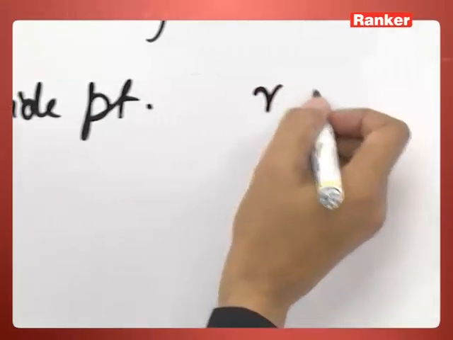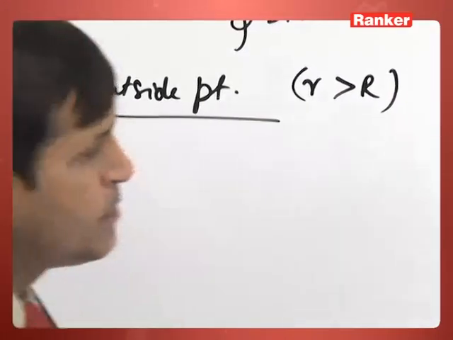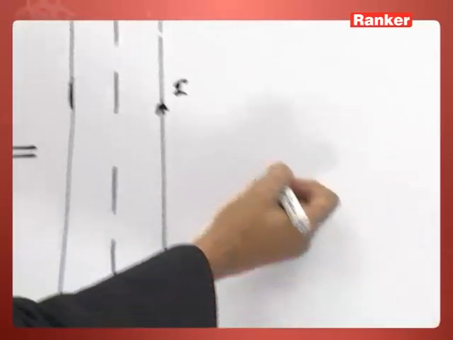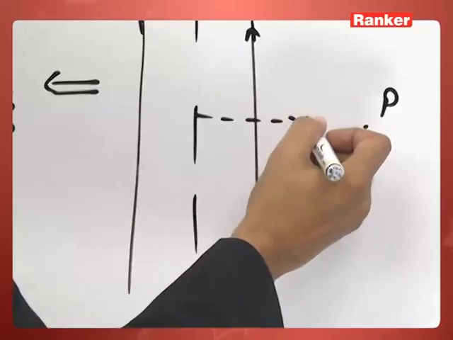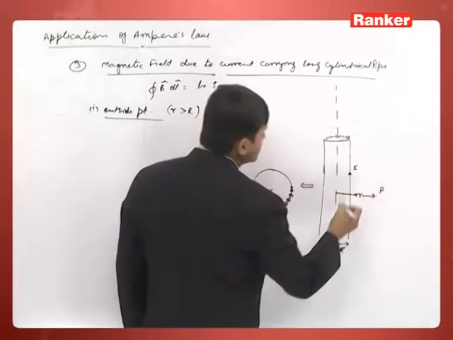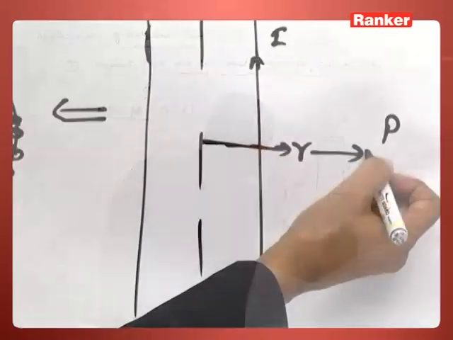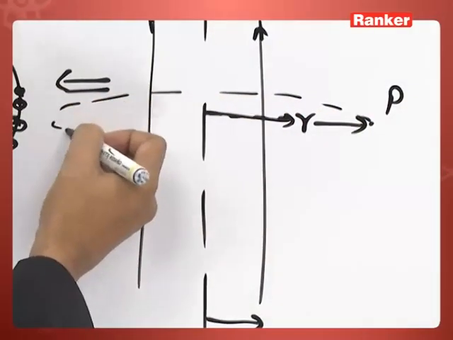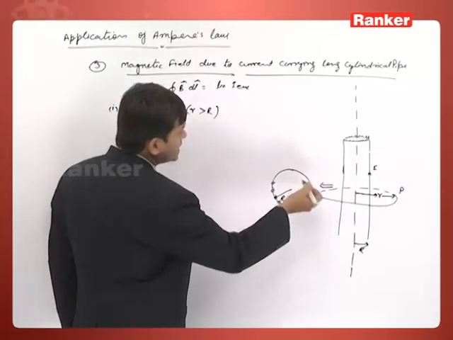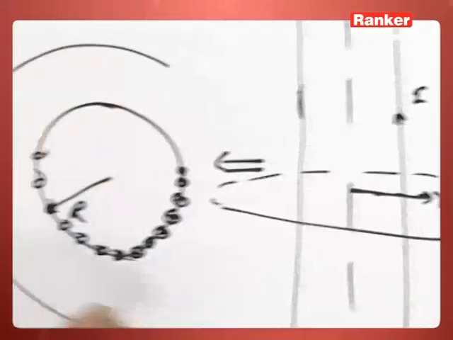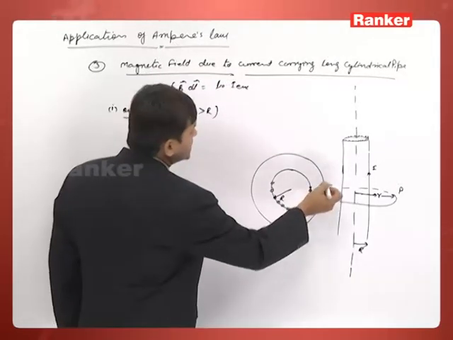Outside point means r is greater than capital R. It means if we look somewhere here, at a point at distance r from the axis, we will make an Amperian loop like this. This is the Amperian loop, and in this diagram our Amperian loop will be like this, and point P is here.